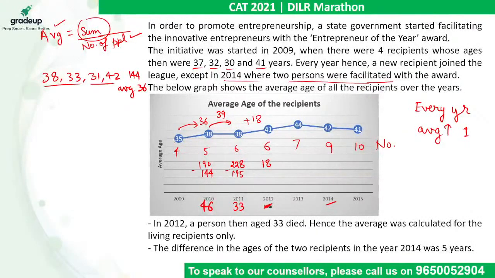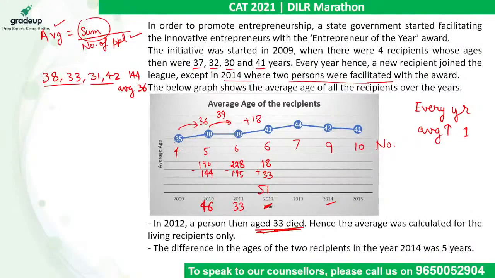But there is one person who died at the age of 33. So if the total increased by 18, the new person must be 51 years old, right? Because the person whose age was 33 died, and the total is increasing by 18 years. So that person must be 18 years more than the 33-year-old person.